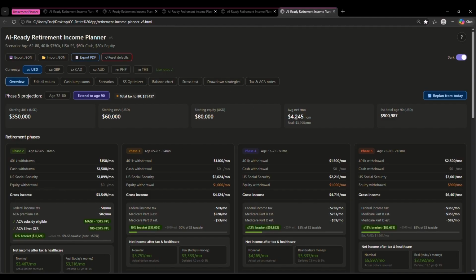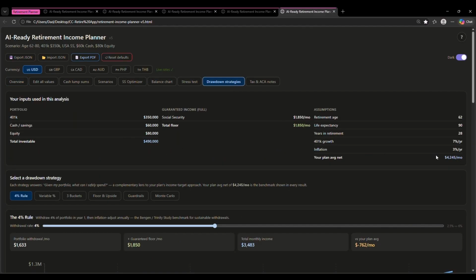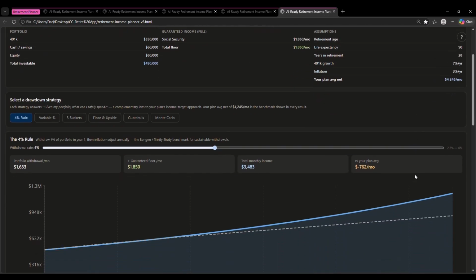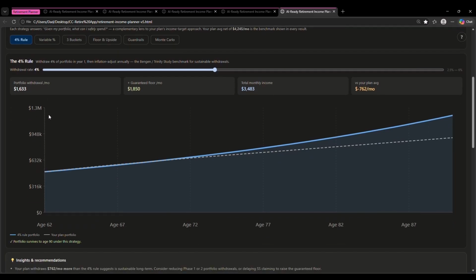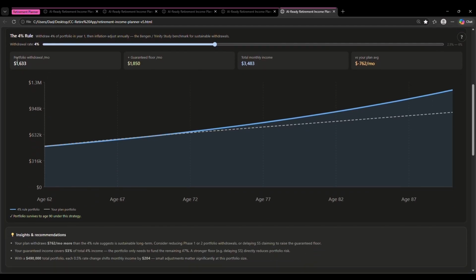So 4,245, this number here, now becomes the benchmark that we're going to measure these other strategies against. If we break this down for the 4% rule, it's telling us that our portfolio withdrawal is $1,633 a month, and we have a guaranteed floor of $1,850 a month.